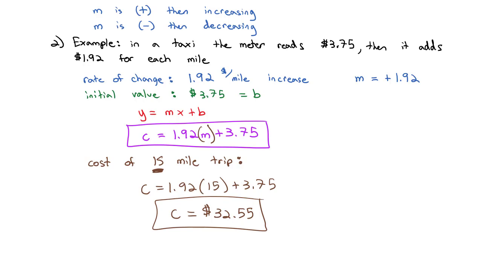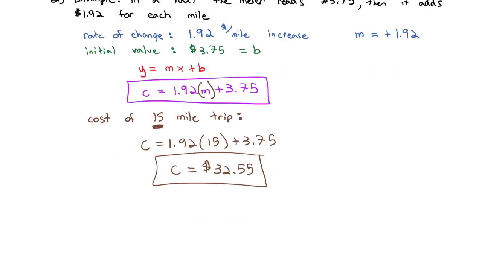Now, I mentioned with these linear functions, the most important thing to us is that rate of change. We talk about it all the time in mathematics and applications of linear functions. Often we have to calculate the rate of change because it's not going to be given to us.